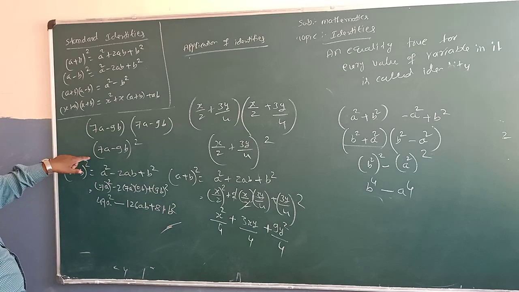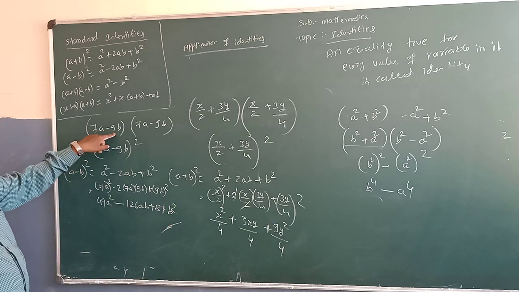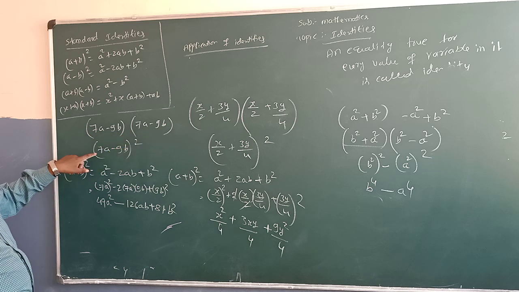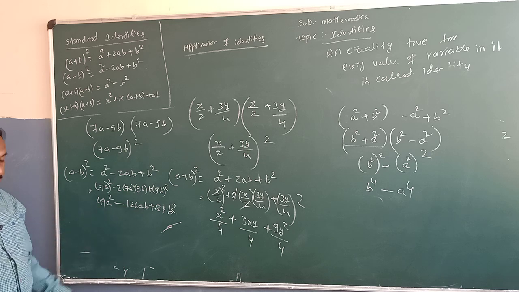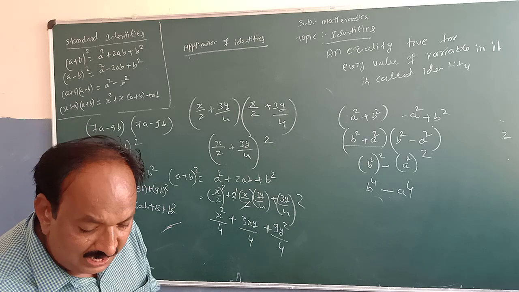So the expansion of the product of (7a − 9b)(7a − 9b), nothing but (7a − 9b)², is 49a² − 126ab + 81b². Continued in the next class.